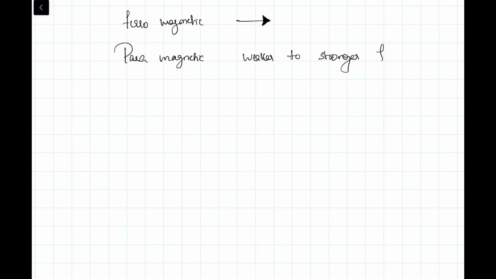The main difference is that both are magnetic materials which show magnetism in response to an external magnetic field, but the already existing magnetic moment value is different.